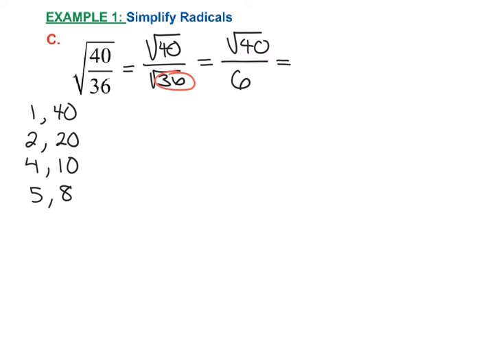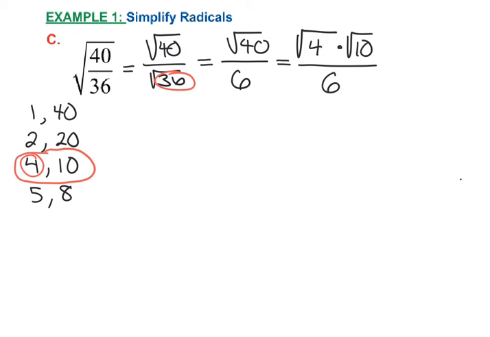Which factor pair has a factor that is a perfect square? 4 and 10, because 4 is a perfect square. So we can separate the square root of 40 into the square root of 4 times the square root of 10, and that's still all over the value of 6.